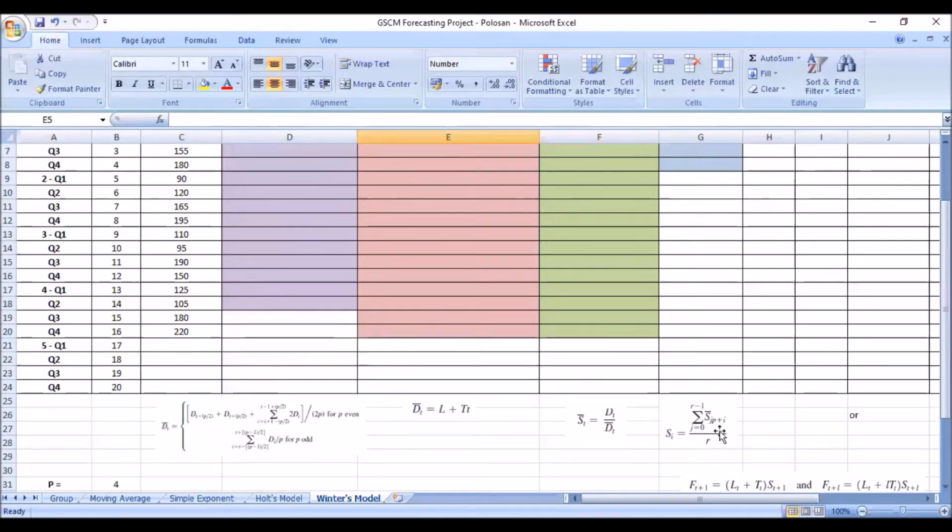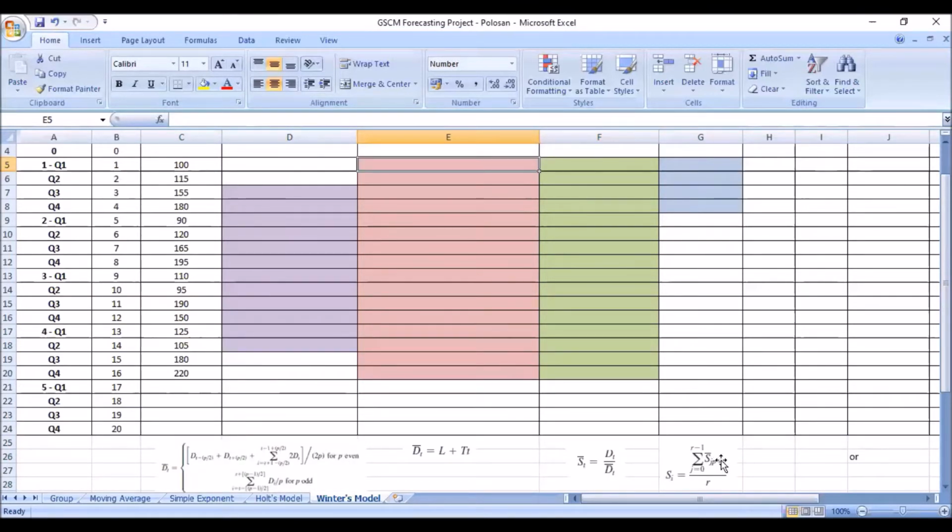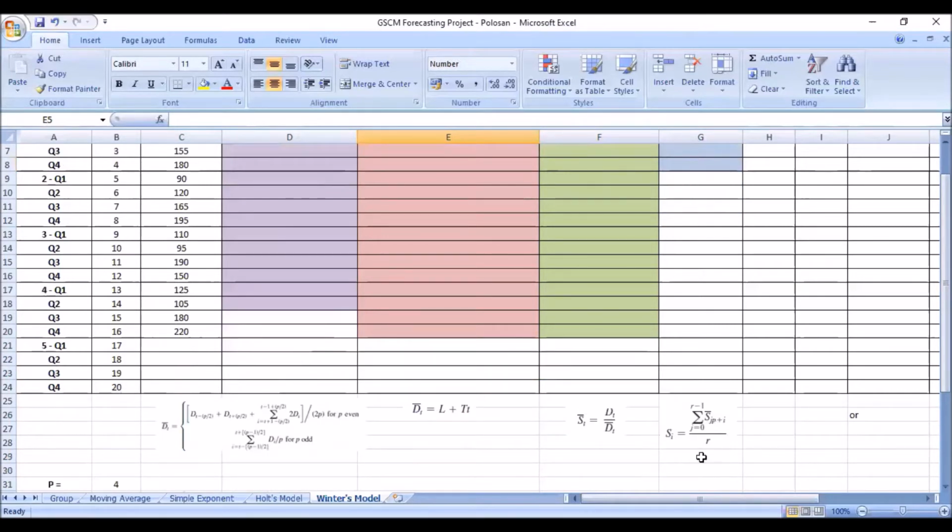After we have found the initial seasonal factors, we find the first four seasonal factors by averaging the initial factors of each quarter divided by the number of periods.